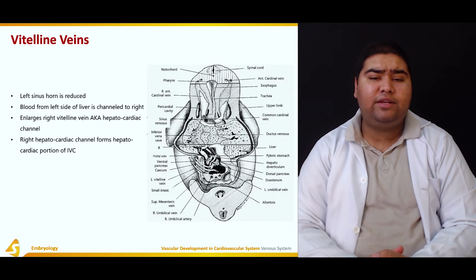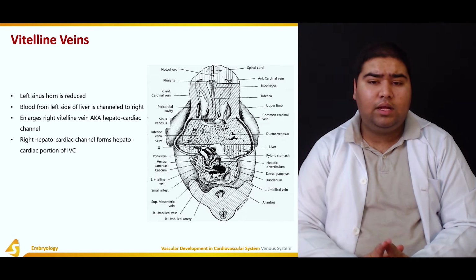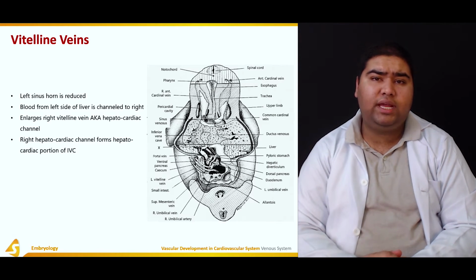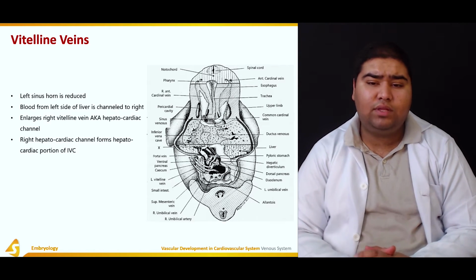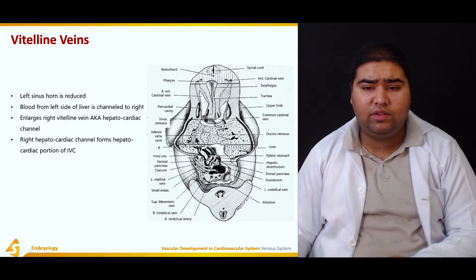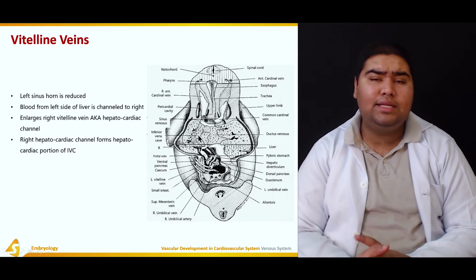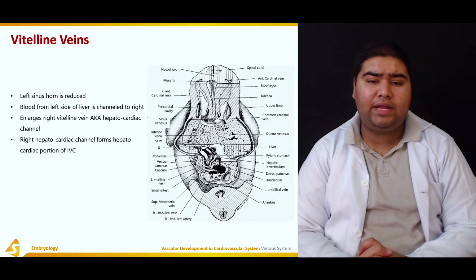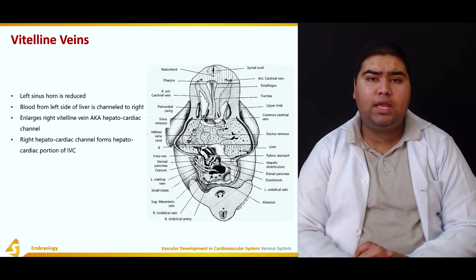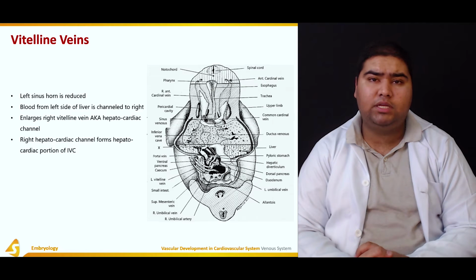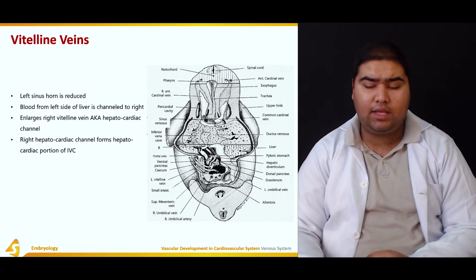So the right hepatocardiac channel forms a hepatocardiac portion of the inferior vena cava. This is the developing inferior vena cava, and this right hepatocardiac channel is responsible for the formation of the hepatocardiac segment of the inferior vena cava.